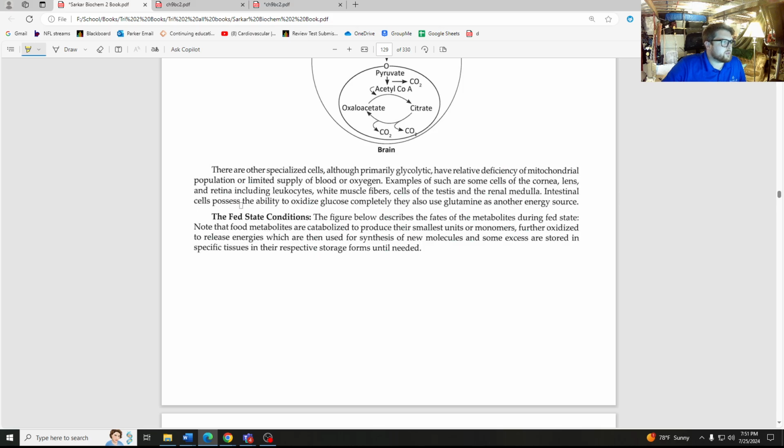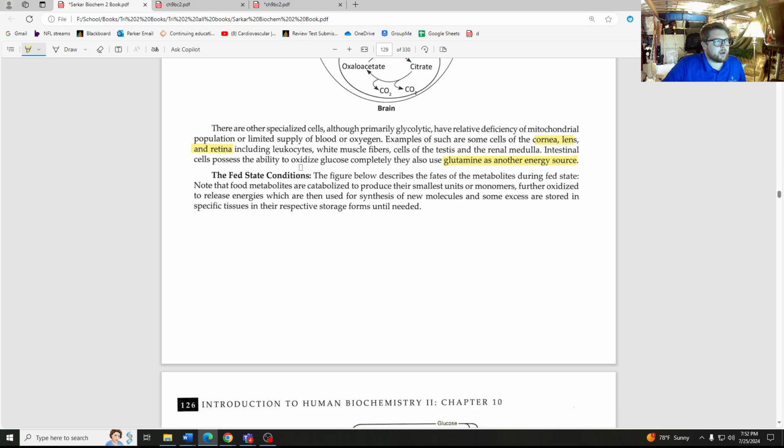Intestinal cells possess the ability to oxidize glucose completely. They also use glutamine as another energy source. These little random tidbits are things that I could see coming back as test questions. Stuff that places things in cells that don't have lots of specific blood flow and mitochondria.